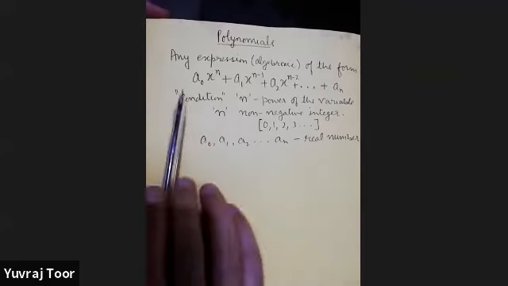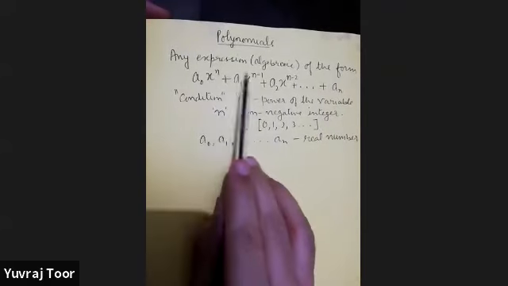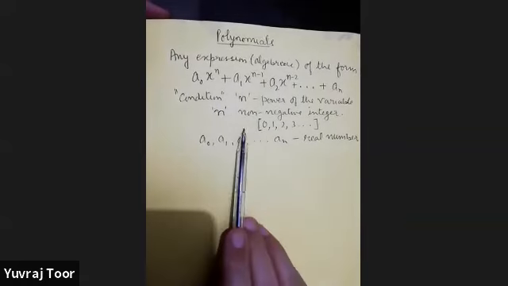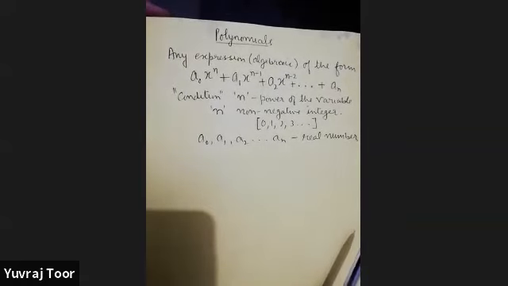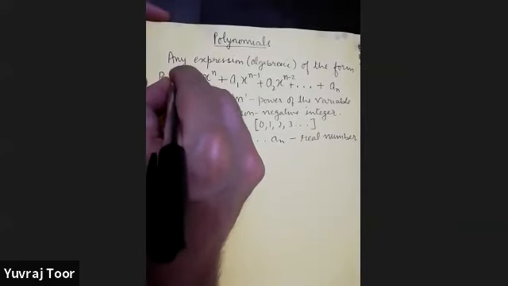So I'll repeat, any algebraic expression of this form, ये number हो सकते हैं, कौन से? Real numbers. और जो variable की powers हैं, they cannot be negative and they cannot be any rational or irrational number. Then you can say the algebraic expression is a polynomial.